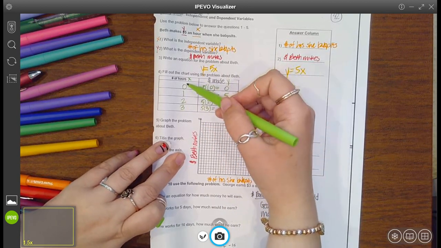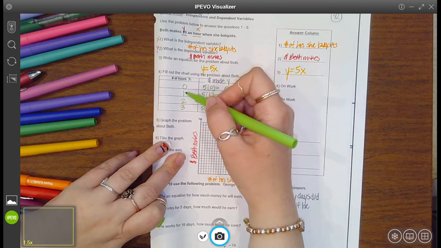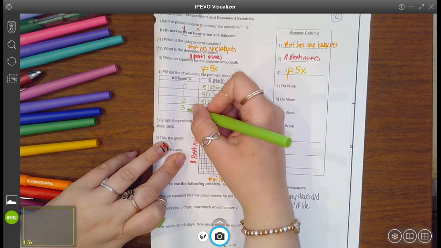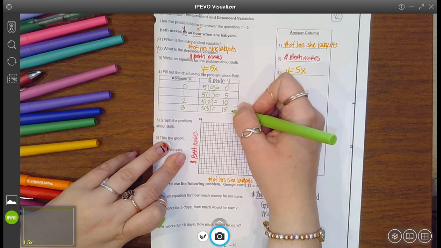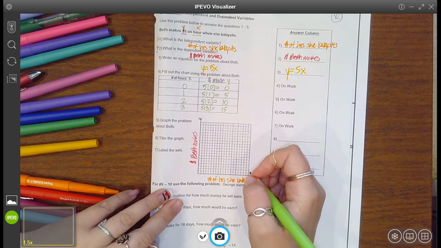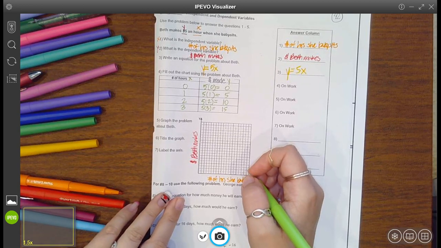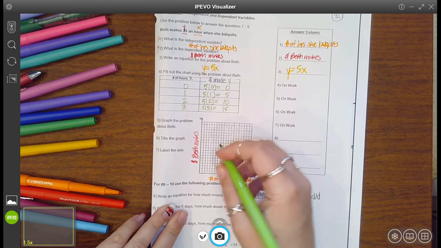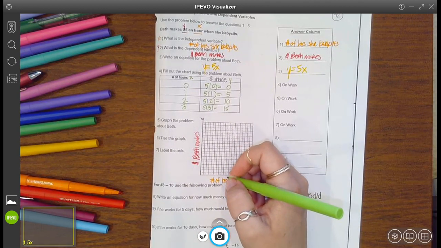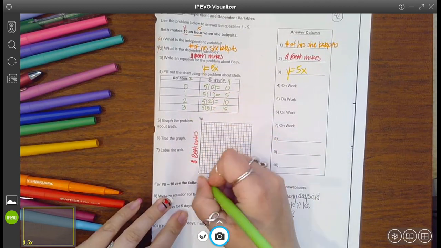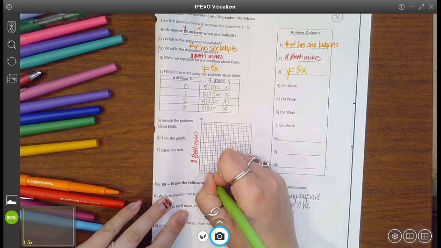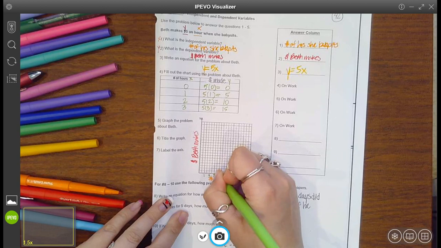So if she works 0 hours, she doesn't make any money. If she works 1 hour, she makes $5. 2 hours, she makes $10. 3 hours, she makes $15. Now I'm going to go ahead and graph those. So I only go up to 15. I can probably just count by ones. So on this axis, let's see that that's 1, and then 2, 3, and 4.